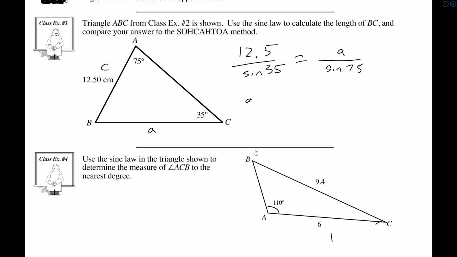In this case, A equals 12.5 times sine 75 divided by sine 35. That'll give me the value of A. Setting up a proportion and solving for it, we're still familiar with that? Like missing this, times both sides by sine 75 and find A? Yeah, good. So 12.5 times sine 75 divided by sine 35.